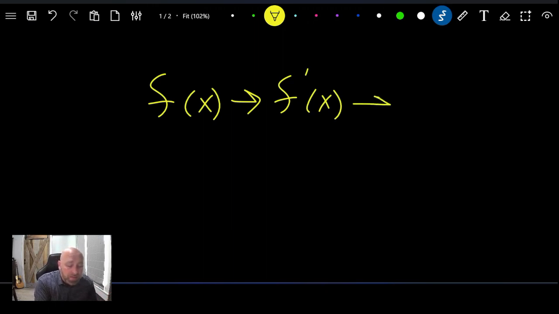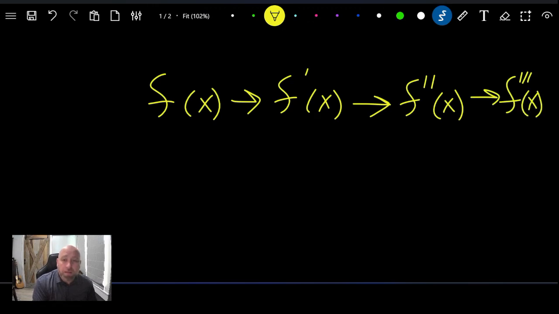In this lesson, we're going to go one more step. We're going to take a second derivative, and now we're going to have the function double prime of x. Believe it or not, this can keep going. You can have the function triple prime of x, the fourth, the fifth, the sixth, the seventh. You can keep going as long as your polynomial is big enough.